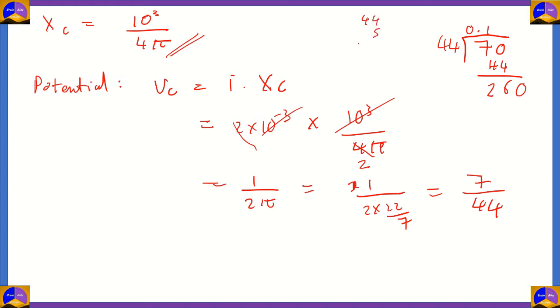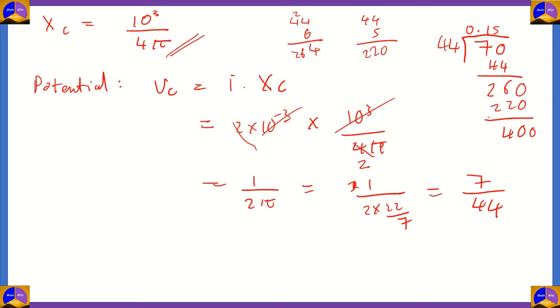And if you do 44 times 5, then it becomes 220. And if you do 44 times 6, then it becomes 264. So we'll put 5, 220, balance is 40. And then let's add a 0, so it becomes 400.